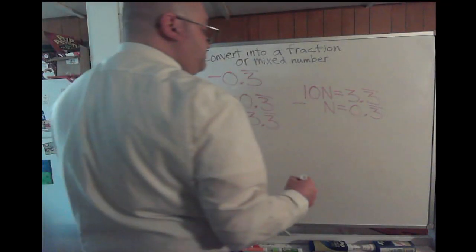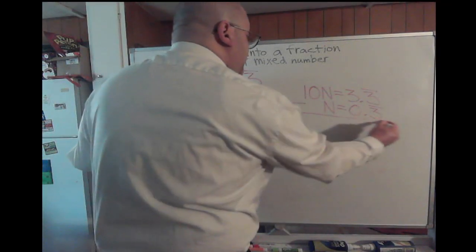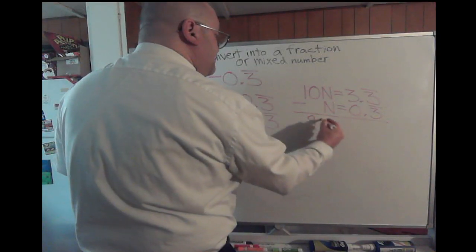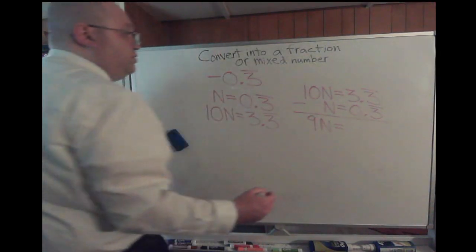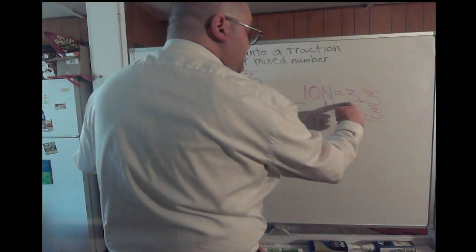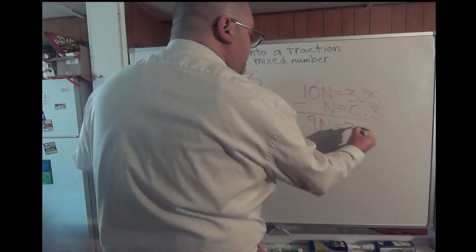We do the subtraction: 10n minus n is just going to be 9n. That's going to equal, well, what is 3 bar minus 3 bar? It's 0. We just need to worry about 3 minus 0, which is 3.